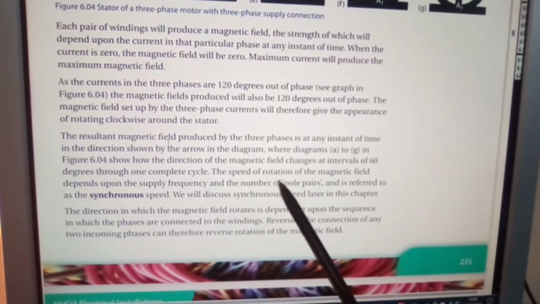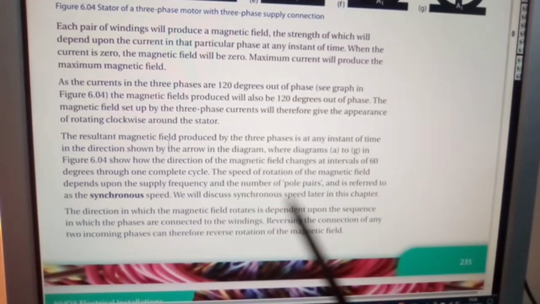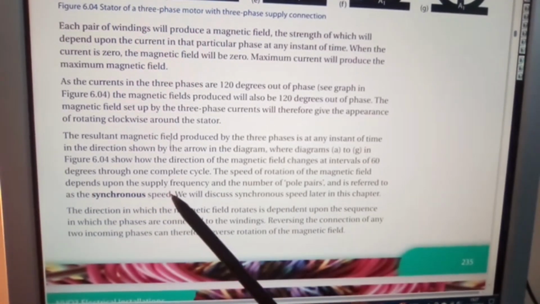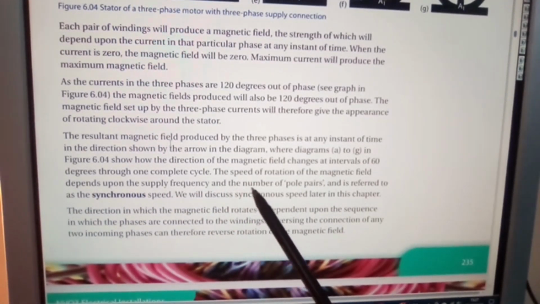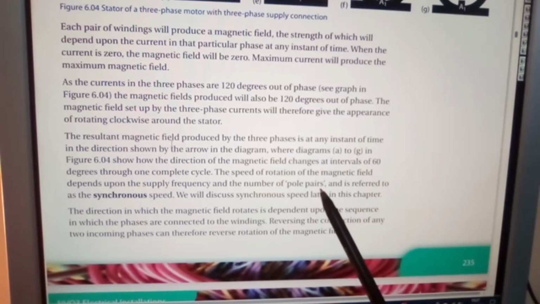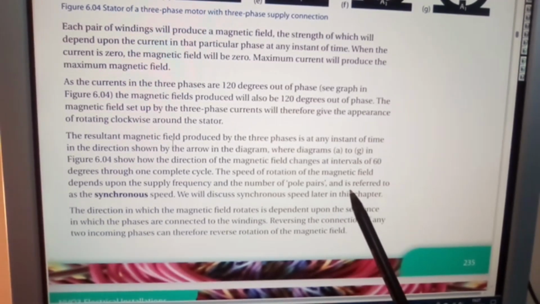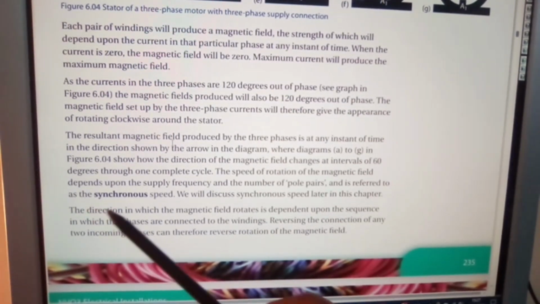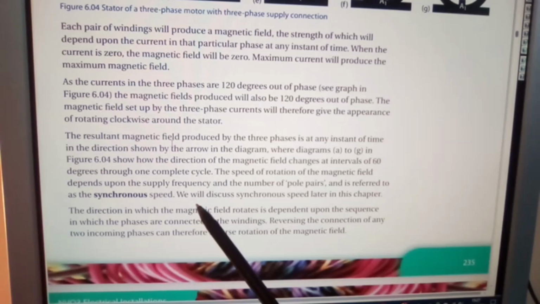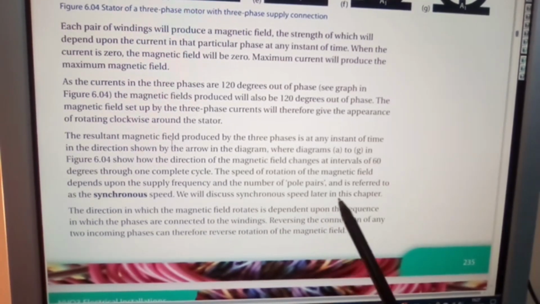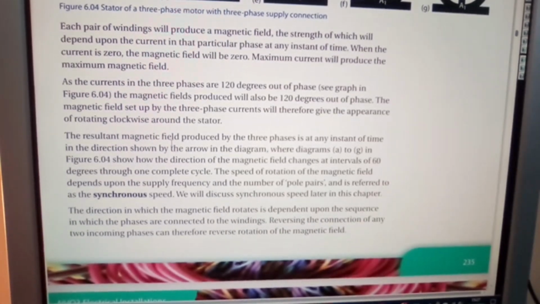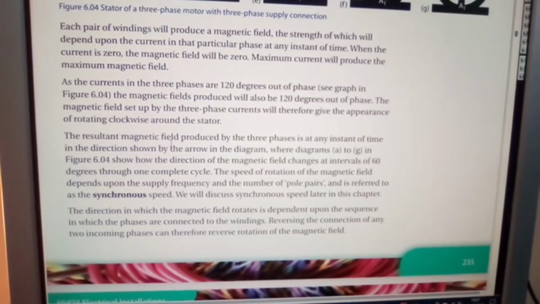The speed of rotation of the magnetic field depends upon the supply frequency and the number of pairs of poles, and is referred to as the synchronous speed. We will discuss synchronous speed later in this chapter. By this point in time, we just need to mention it.